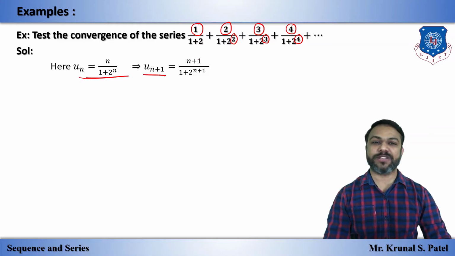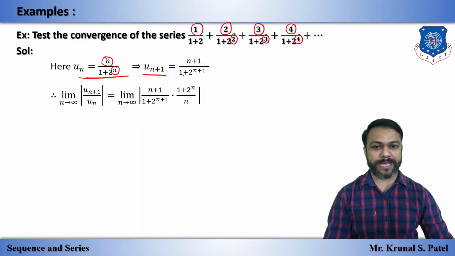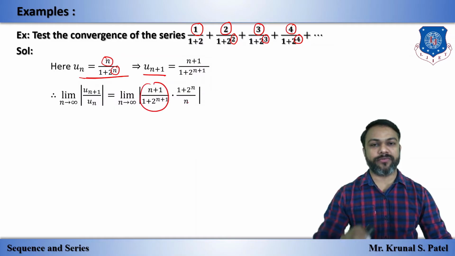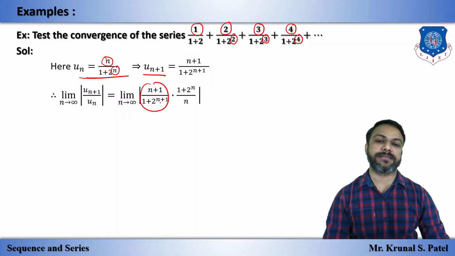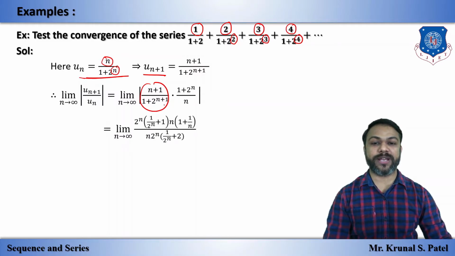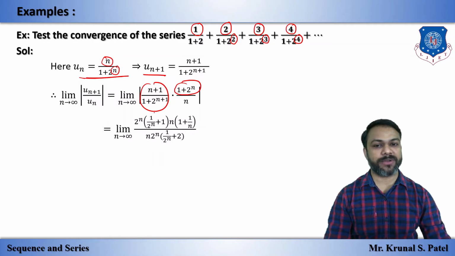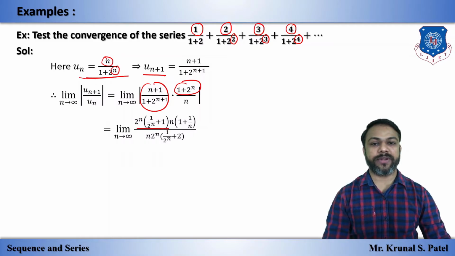So we can find un plus 1 by putting n equal to n plus 1. So by taking the ratio, un plus 1 in the numerator, this divided by this, so we will take the reciprocal. By simplifying this, taking 2 raised to n common from the numerator, we have 1 by 2 raised to n plus 1, which is here, and if we take n common from this, we have 1 plus 1 by n.